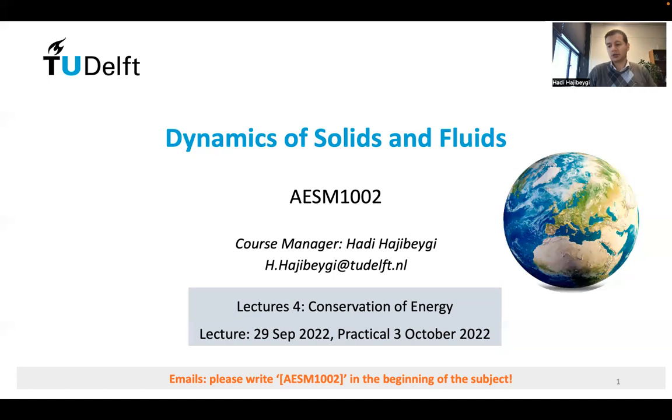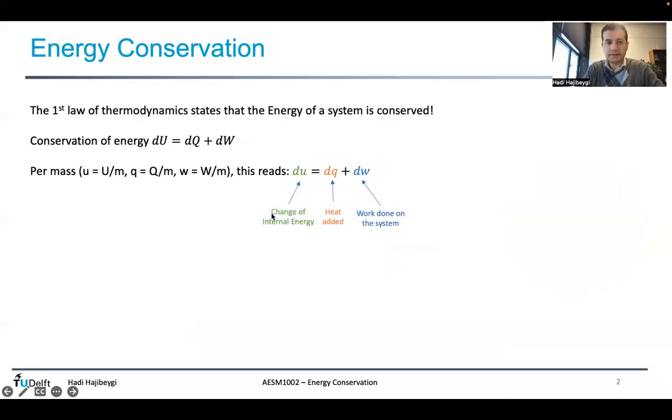So let's get started. The energy conservation law tells us that the change of the internal energy U of any closed system is equal to the addition of heat in the system or work that has been performed on the system.